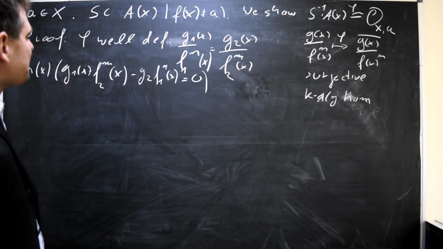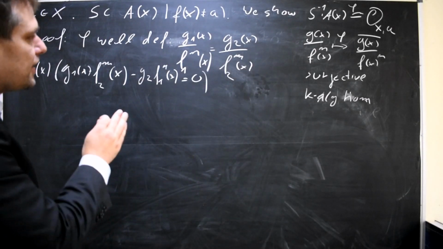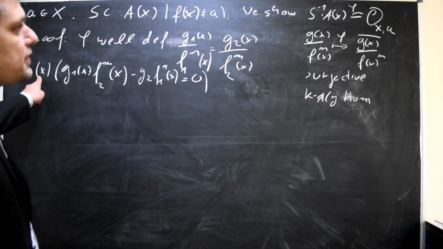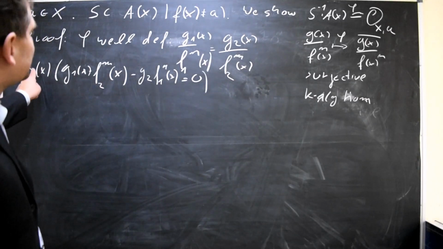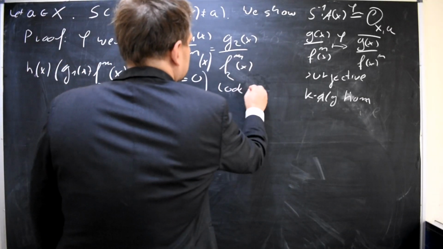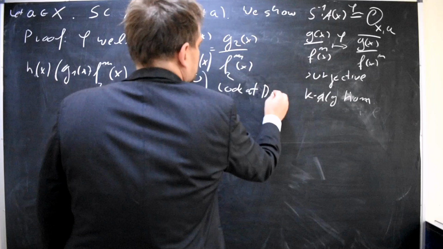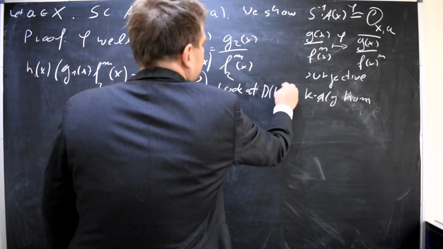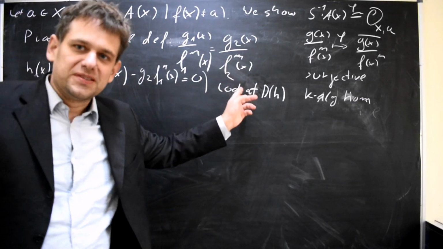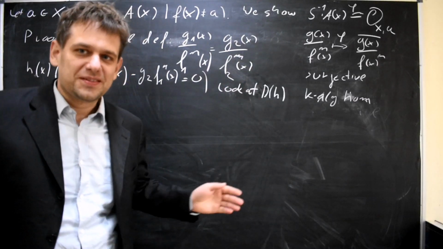And now let's look at the non-vanishing set of this polynomial, which we denote by, I mean the distinguished open subset for this.